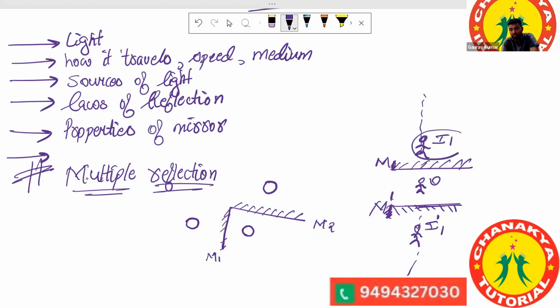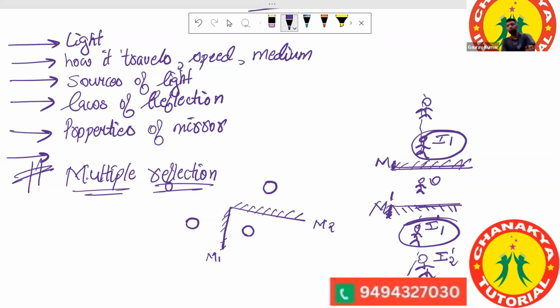this, which will be the object for mirror M dash. So M dash will make one more image, I2 dash. For this mirror M, there will be an object of I1 dash, so it will make a mirror image of this object.